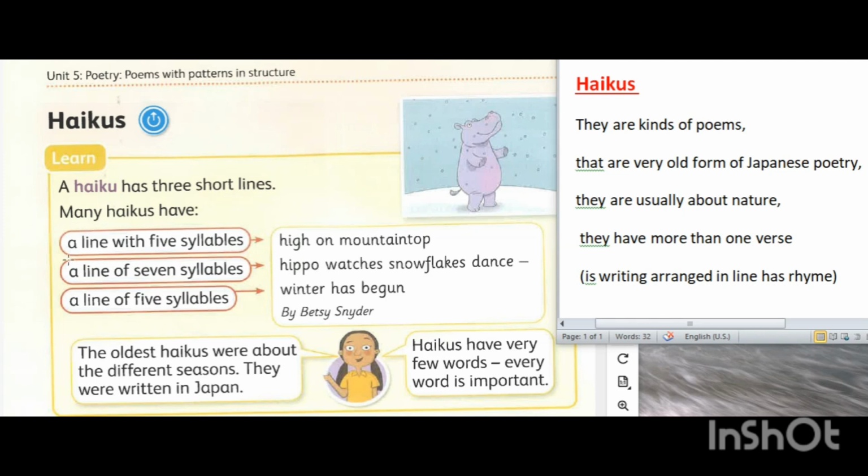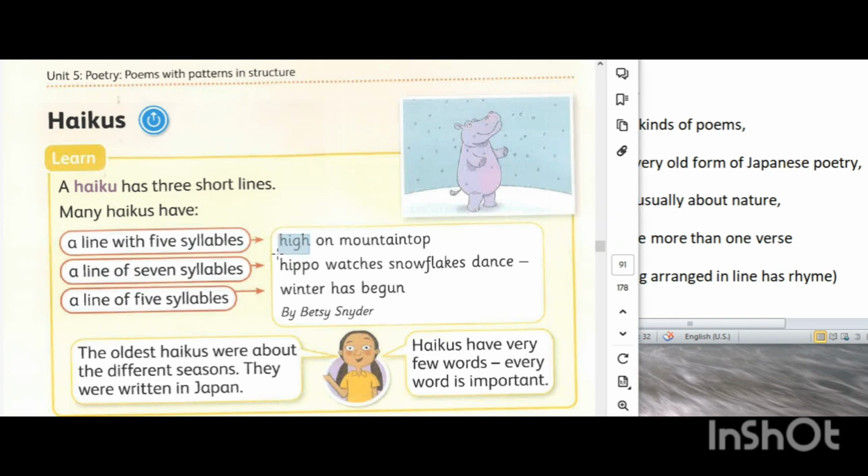Many haikus have a line with 5 syllables. What's the meaning of syllables? Syllables mean that we divide the word into parts when we read it to make the sound of this word. But not all words are divided into parts. Sometimes I read the whole word in one part, like high.